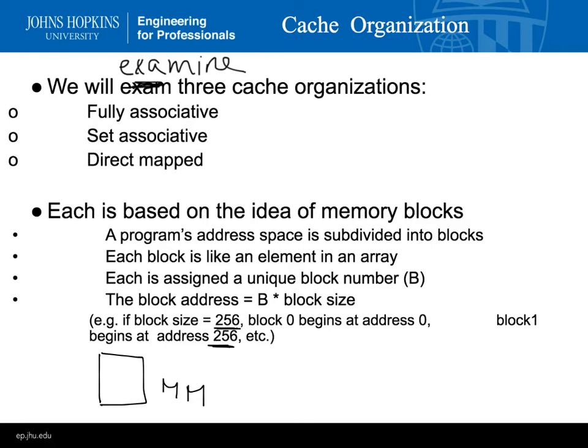Block 2 begins at 512. And so on. And you can get a block number by taking the memory address and dividing it by 256.